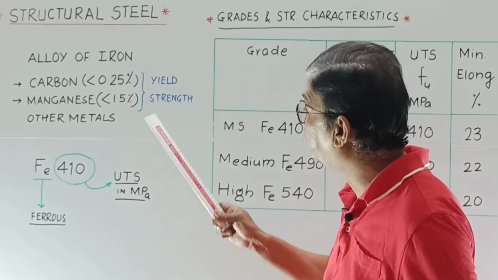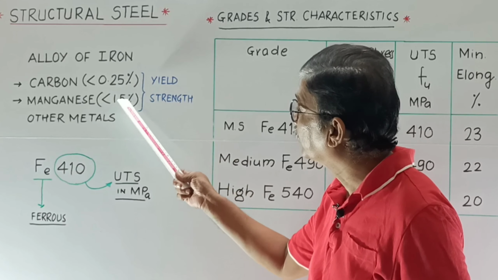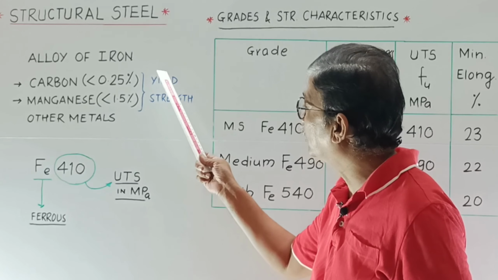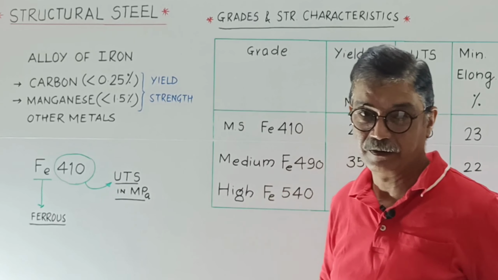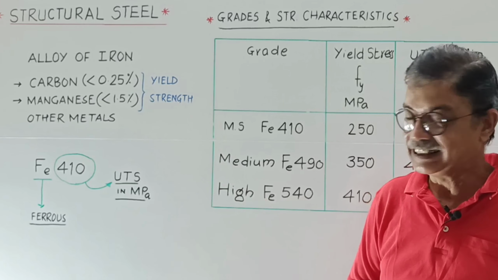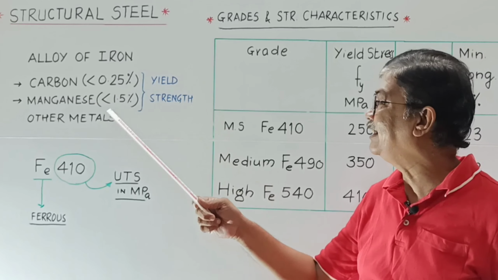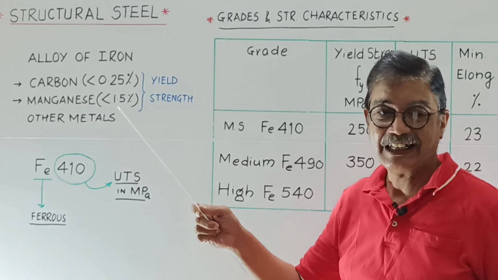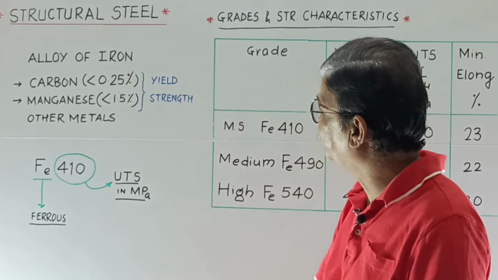Now this carbon and manganese, they develop the yield strength. These two are very important from the point of view of yield strength of structural steel. This yield stress is the important strength characteristic of structural steel.